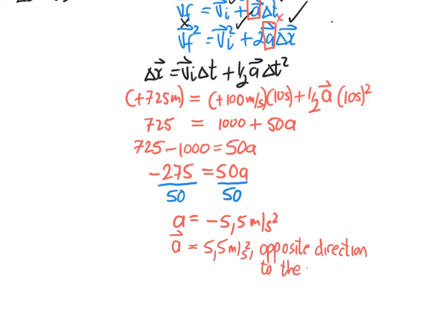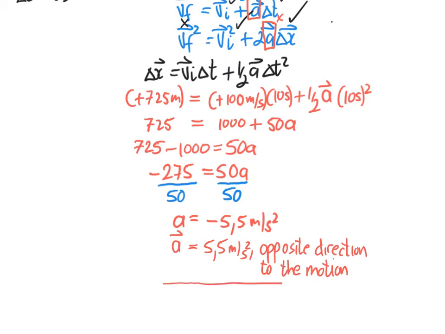And that means that the net force acting on this object is actually in the opposite, backward direction to the motion of the car. So more than likely, the driver of this car has applied brakes to slow the vehicle down.